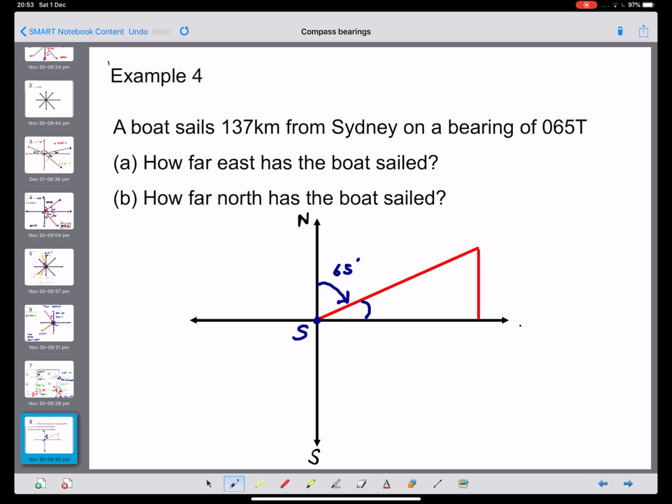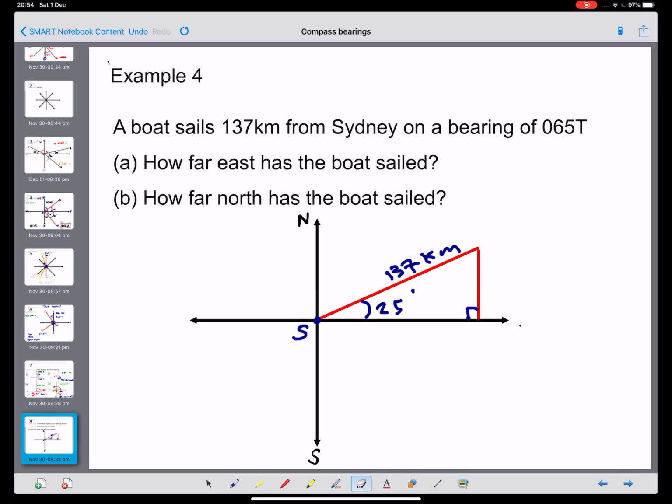Well, this angle here then must be 25. Our right angle is here, and we know that this is 137 kilometres. Now I'm going to rub out this 65 because it may confuse us.